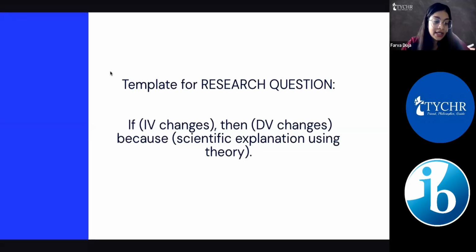Did you guys catch that? How does the dependent variable change if the independent variable changes when the control variables are kept constant? So for whichever experiment you have, you would be writing whatever dependent, independent, and control variables pertain to that, okay?